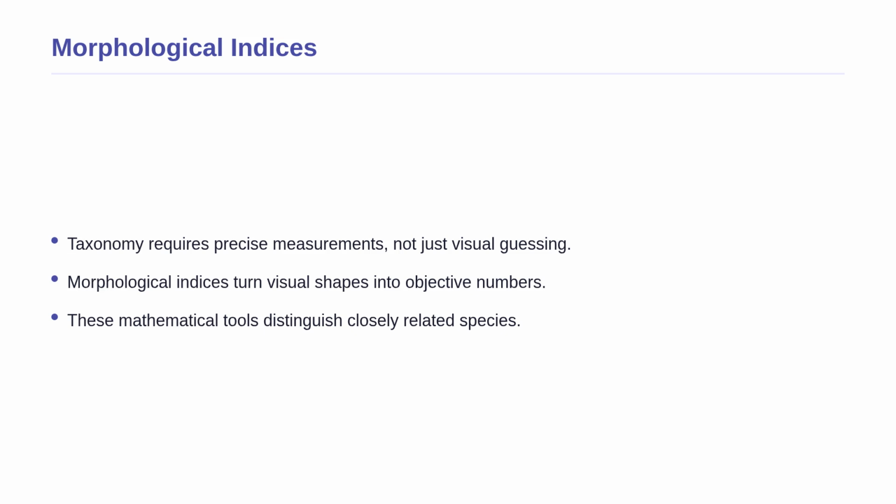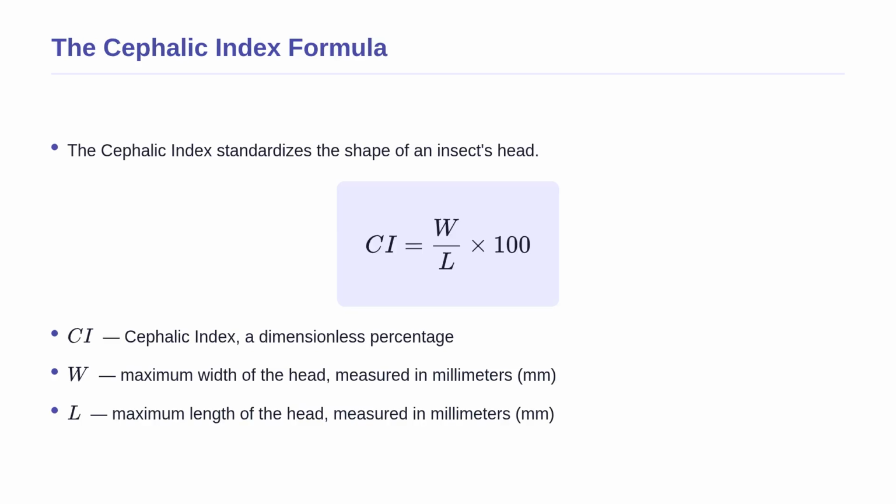Now that we know why we need objective numbers, let us look at our first mathematical tool, the cephalic index. Conceptually, this formula gives us a standardized ratio that describes the shape of the head, regardless of the overall size of the insect. The formula is CI equals W divided by L, all multiplied by 100.